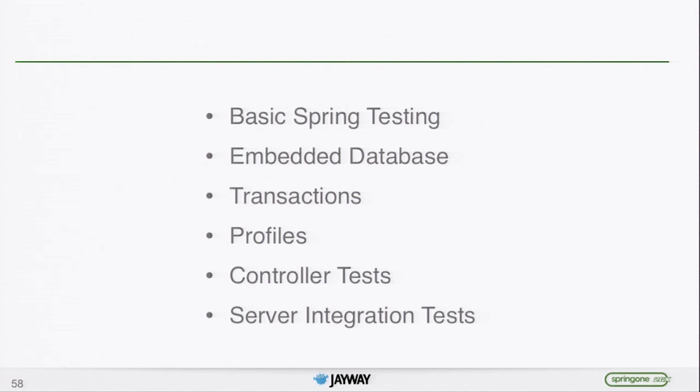We also took a look at how transactions with rollback can simplify the state verification of the database and improve the performance. We looked at profiles, what benefits they gave us, and we also discussed when not to use them.